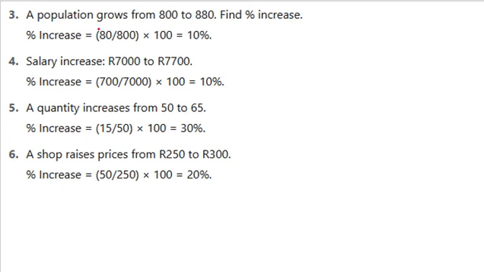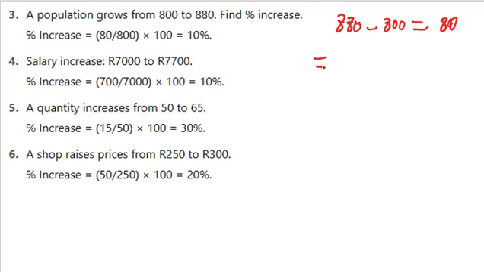The population grows. A population is just a number of people in a certain space. Could be an area or a community or whatever. So a population grows from 800 to 880. Find the percentage increase. So we know that you need to find the increase first. Increase is a difference of 880 with 800, which gives you 80.